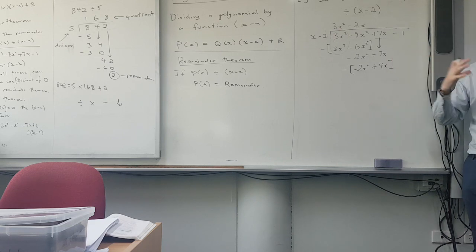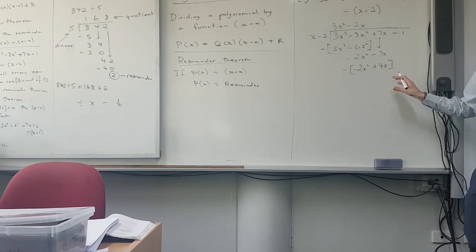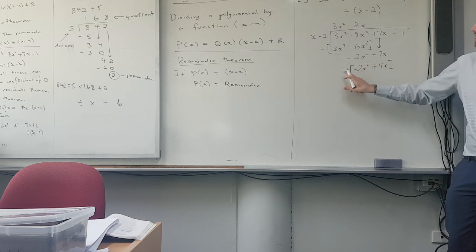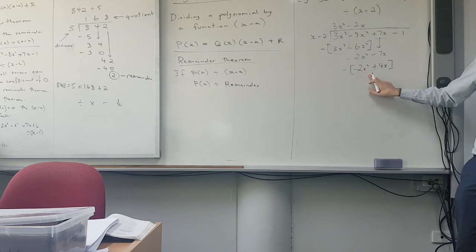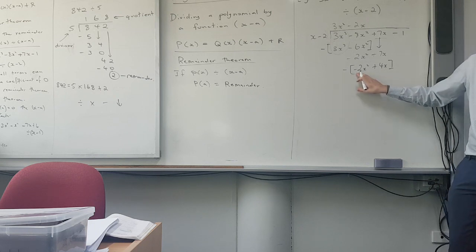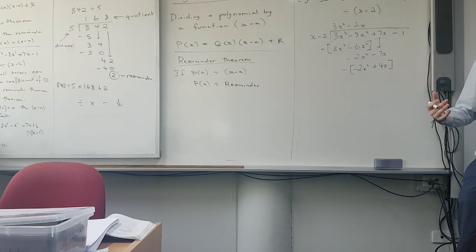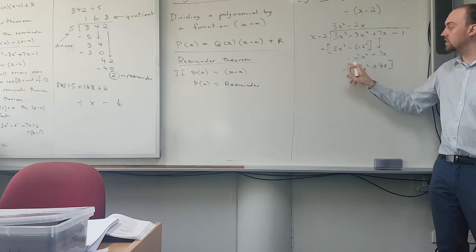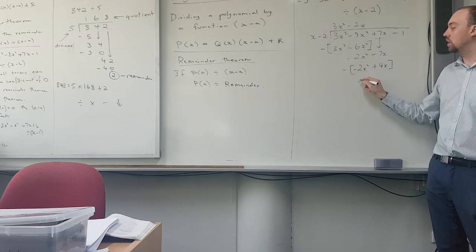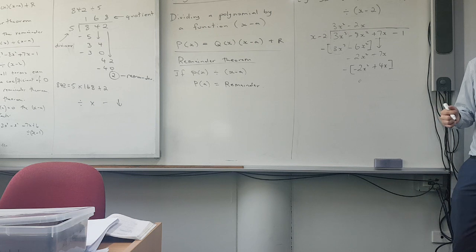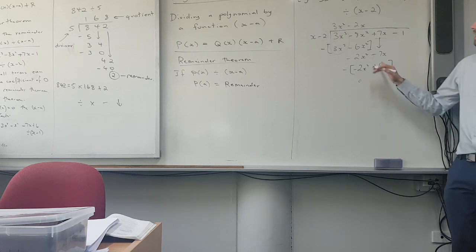I'm going to give a lot of room for when you're doing this. Negative 2x squared take negative 2x squared. Do they cancel? I'm adding, right? So if I'm adding this, that's going to go to 0, which is great. That's what we're looking for. Again, if it doesn't cancel, we've made a mistake.